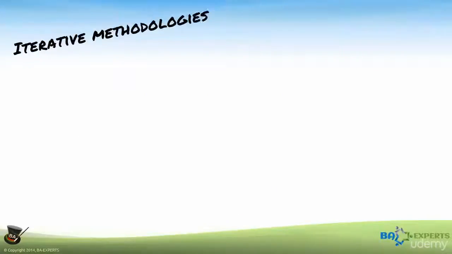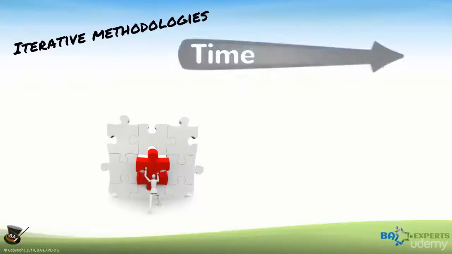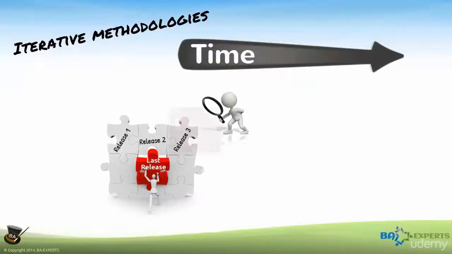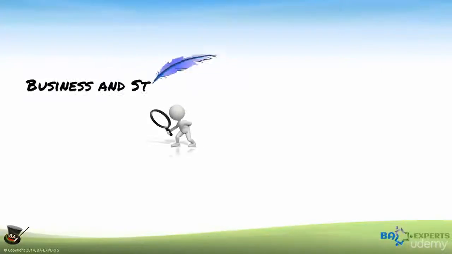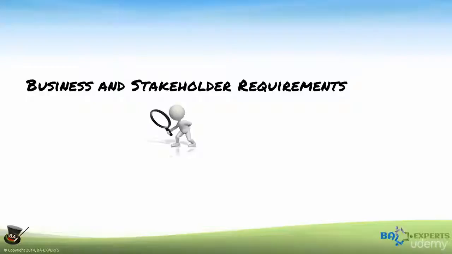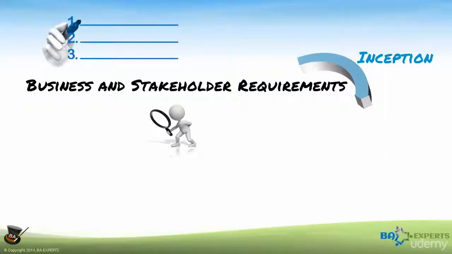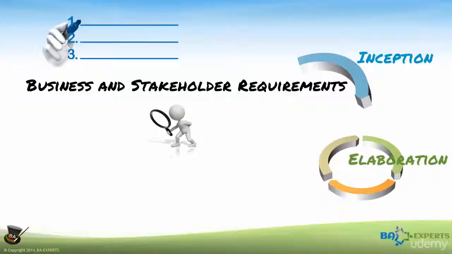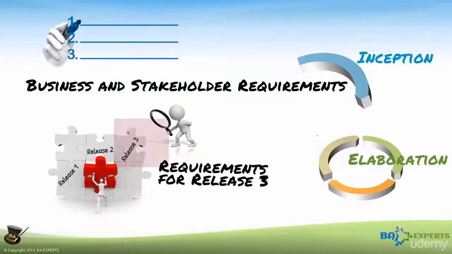Because iterative methodologies deliver the final product over time in a series of releases, the focus of the requirements is release-specific. That means that while the business analyst captures high-level business and stakeholder requirements for the project in the inception phase, detailed analysis and specification of the requirement is done for each iteration during the elaboration phase and focusing on the requirements for that release.